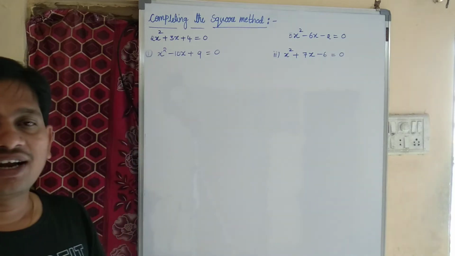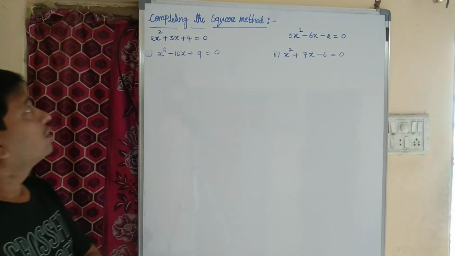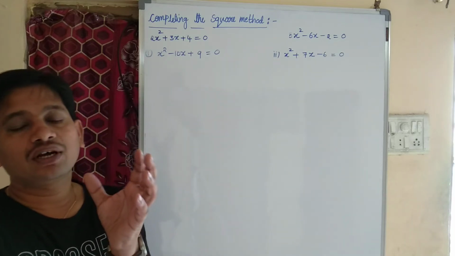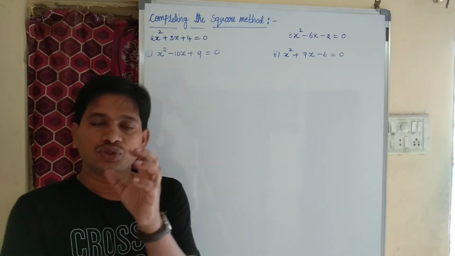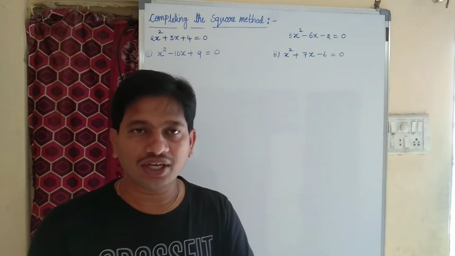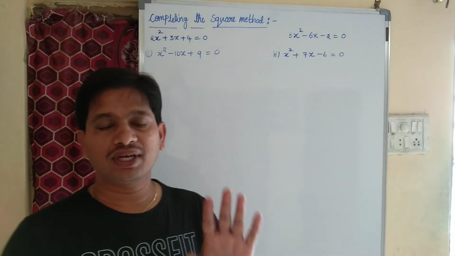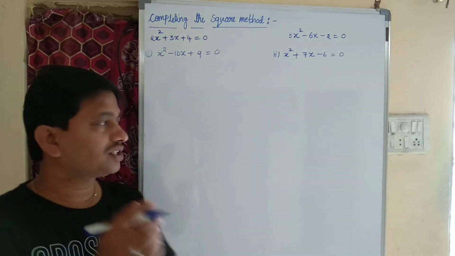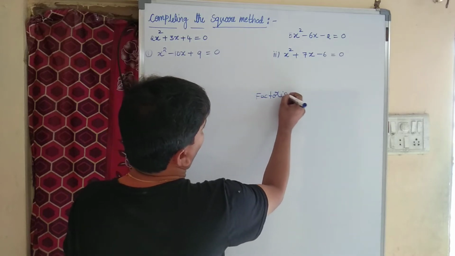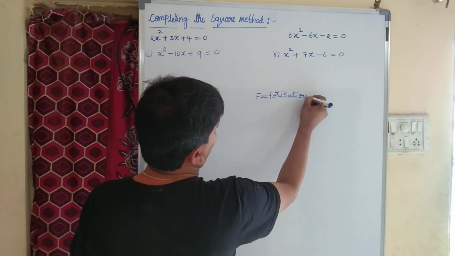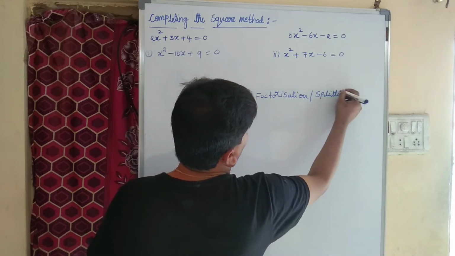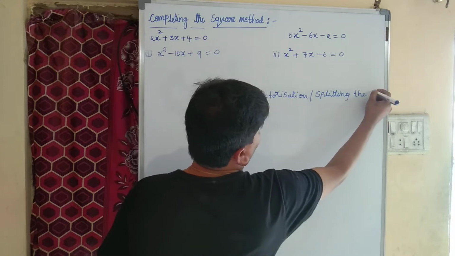And today's session, let us discuss the method of completing the square. Students, we know that to find zeros of a quadratic equation, we have different methods. One is called factorization method, where we can solve the quadratic equation by using factorization, also called splitting the middle term.